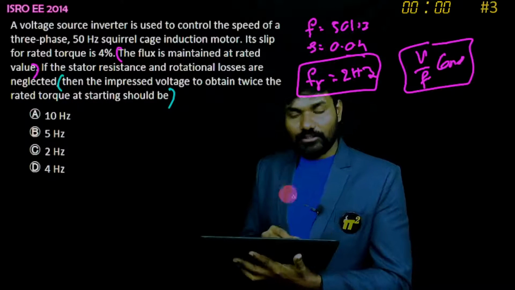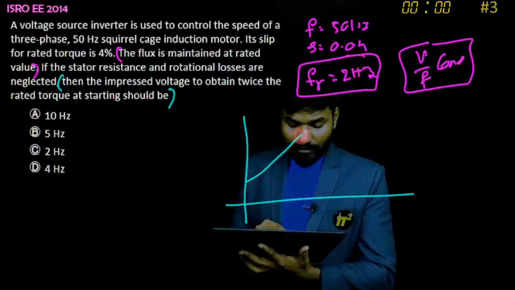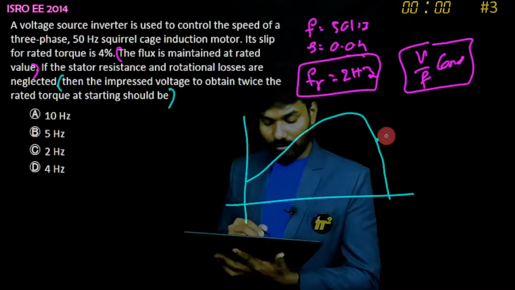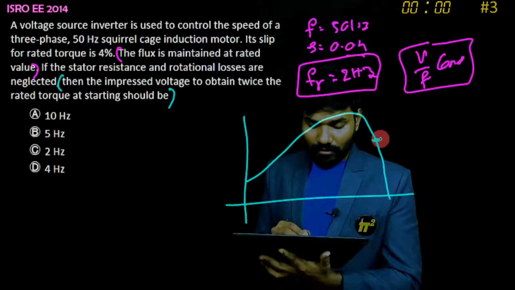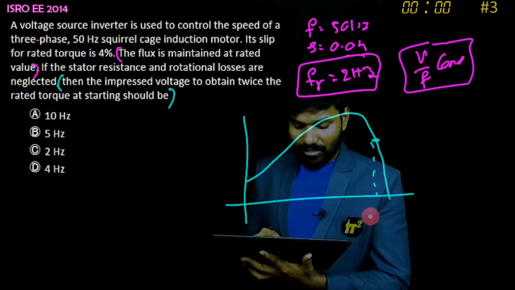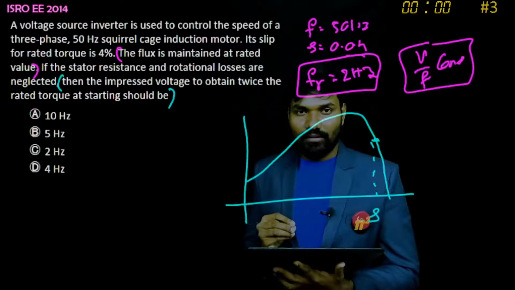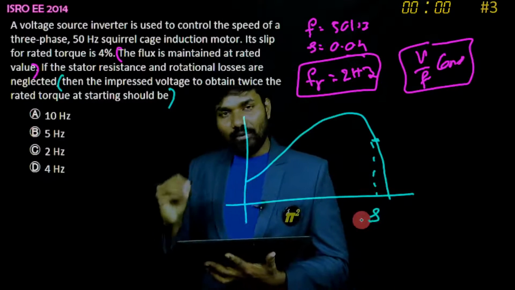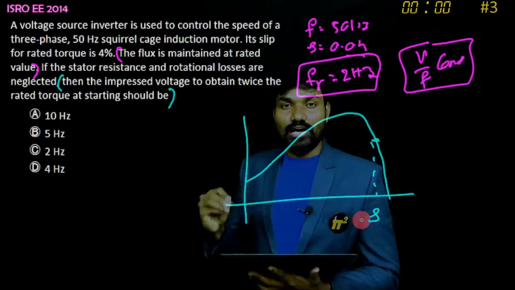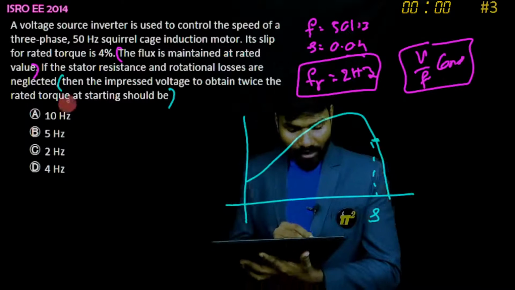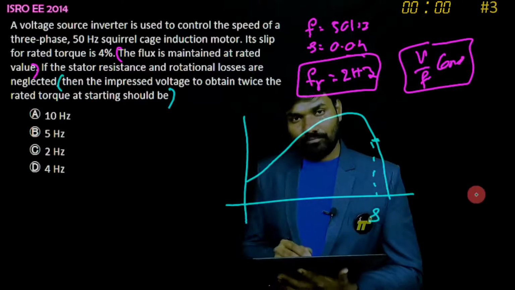Suppose when I'm operating, I get some rated torque at a particular value of slip. Now I want double that torque at the starting.